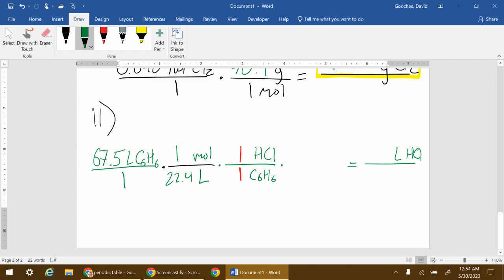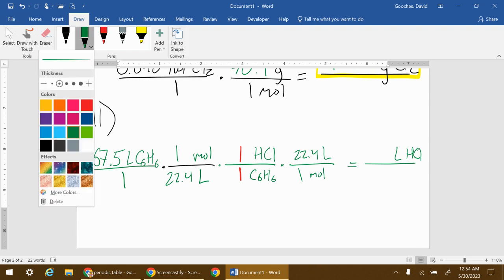Now we need to get out of moles of HCl and into liters of HCl. So that relationship is 22.4 liters is 1 mole. So let's see here. 67.5 divided by 22.4 times 1 times 22.4.